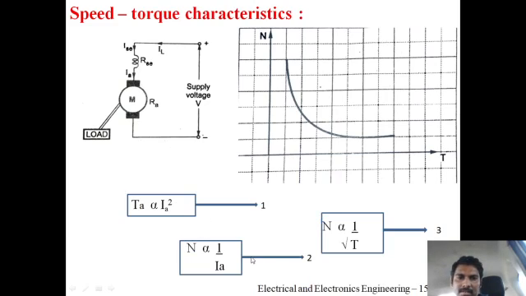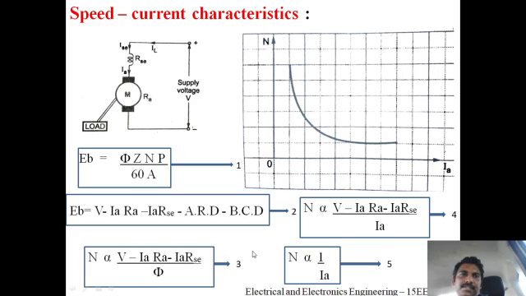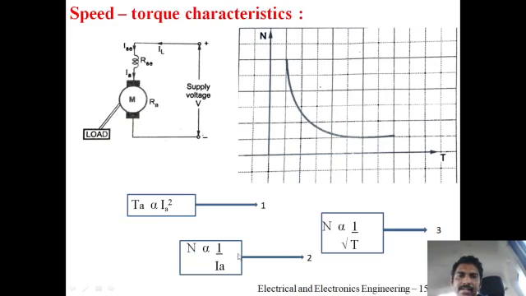And from the second characteristics, that is the speed current characteristics, equation 5, I can write directly that the speed is inversely proportional to the armature current. So by comparing equation 1 and equation 2, I can write that the speed is inversely proportional to the square of the torque.